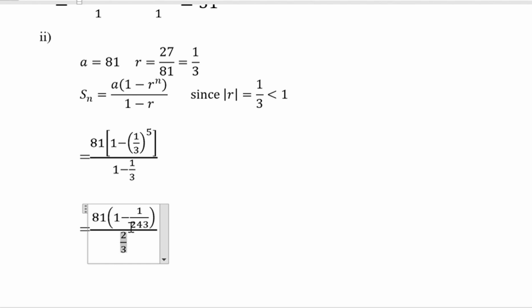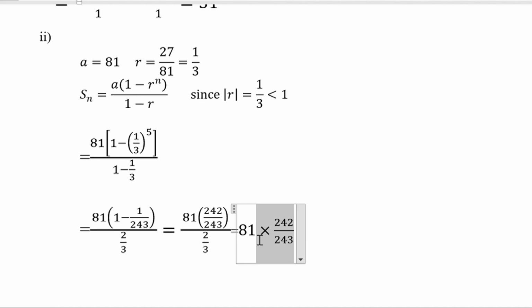So we shall have this simplified to 81 into 242 over 243 divided by 2/3. That's equal to 81 times 242 over 243. And because we cannot divide by a fraction, we change the division sign to a multiplication as we introduce a reciprocal. So it will be times 3 over 2, and that simplifies to 121.